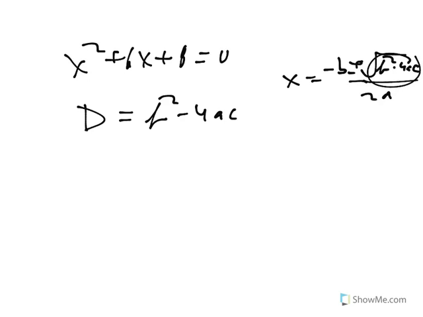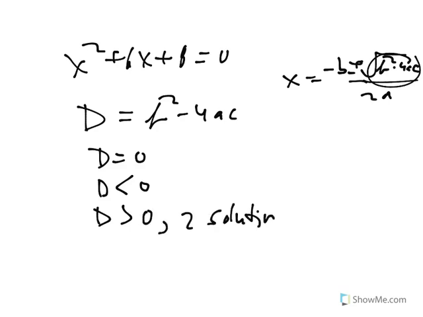And there's 3 things that could happen: if it equals 0, if it's less than 0, or if it's greater than 0. If it's greater than 0, there are 2 unique solutions because the plus and the minus give us the 2 answers. If it's less than 0, they'll be imaginary, but there'll be no real solutions.